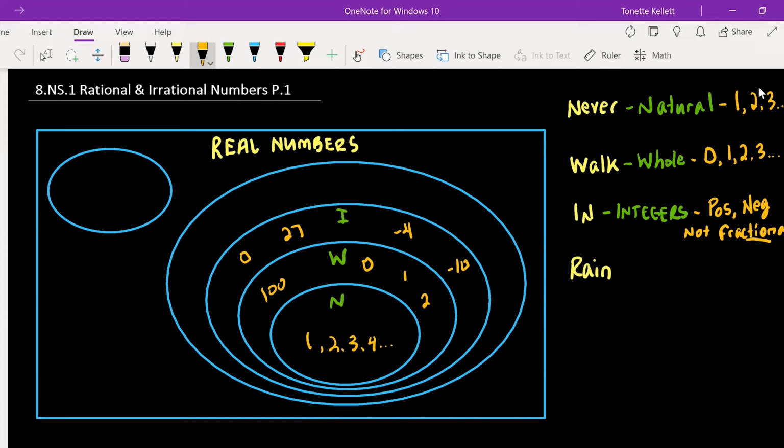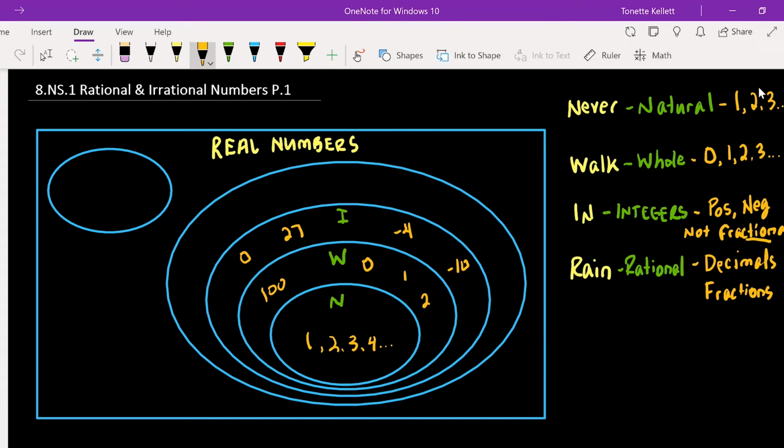The last one in this set is rational numbers. Maybe you've heard of that one already. Rational numbers, here is where your decimals and fractions come in.